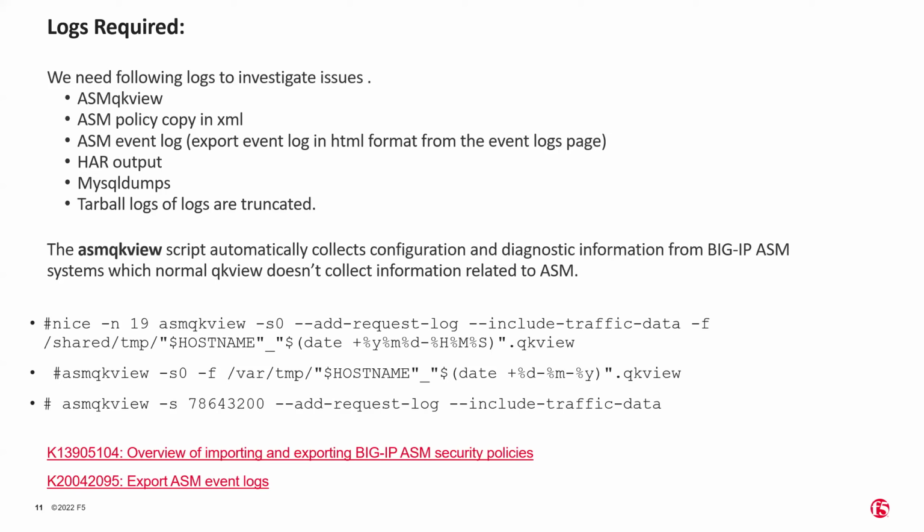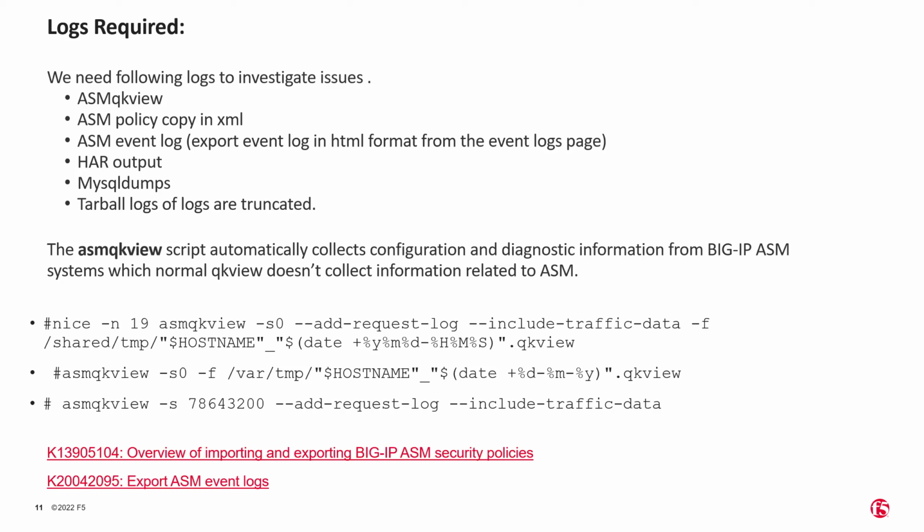And the HR output, I have already told you how to collect it. It's the same, particularly when bot, DoS, or ASM is in the picture. We might see cookie-related interoperability issues, because ASM and bot themselves insert some cookies to validate the user identity, whether the same user is coming or not, when they're repeatedly coming and the client or device is changing.